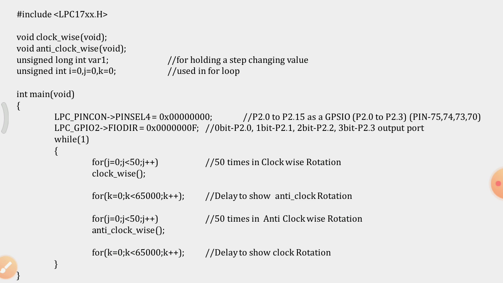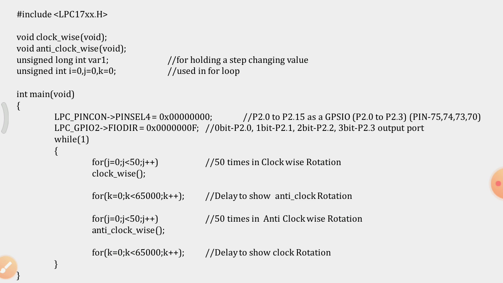We have declared one integer variable, var1, for holding a step value. Then we have some integer variables, i, j and k, which are used in a for loop for creating a delay.